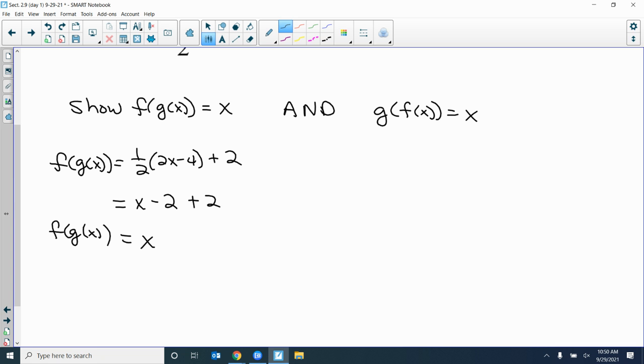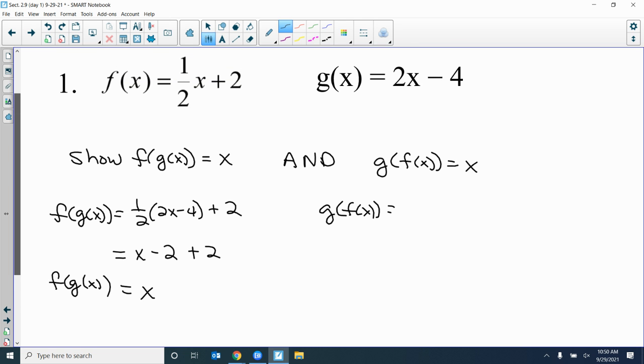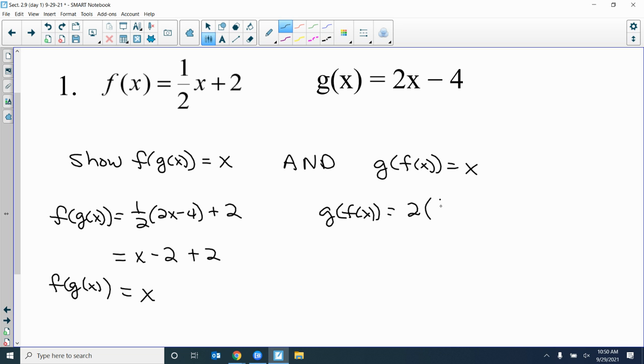All right, you plug in g of f of x. Show the steps. And so g of f of x has to look like 2 times 1/2 x plus 2, minus 4. That gives you x plus 4 minus 4, which equals x.